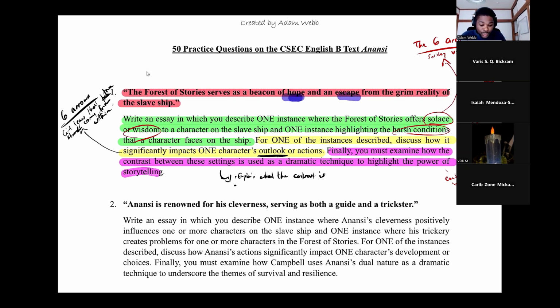So then we couldn't stop at just saying, okay, girl can learn about this and that, and there are these lessons. We would have to say there's a contrast between the stories and the reality. And that is why the stories are so strong, because of the contrast. So we would have to look at the contrast in like the mood, the contrast in the characterizations between the forest and the slave ship, for example.